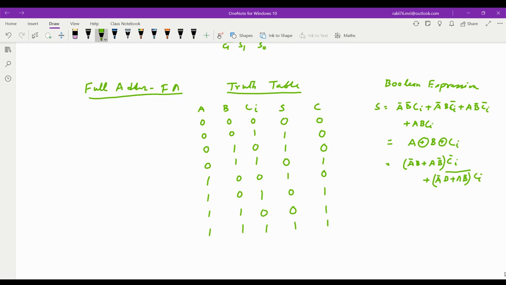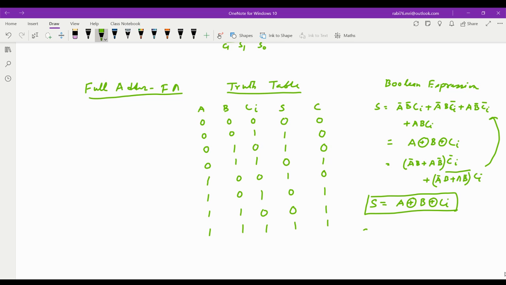This expression is this. Now if you expand this expression, it will immediately lead to that expression. So I can say with certainty that S is A XORed with B XORed with Ci. Ci means I am taking it as the output carry of the previous bit. So this is the Boolean expression, right?